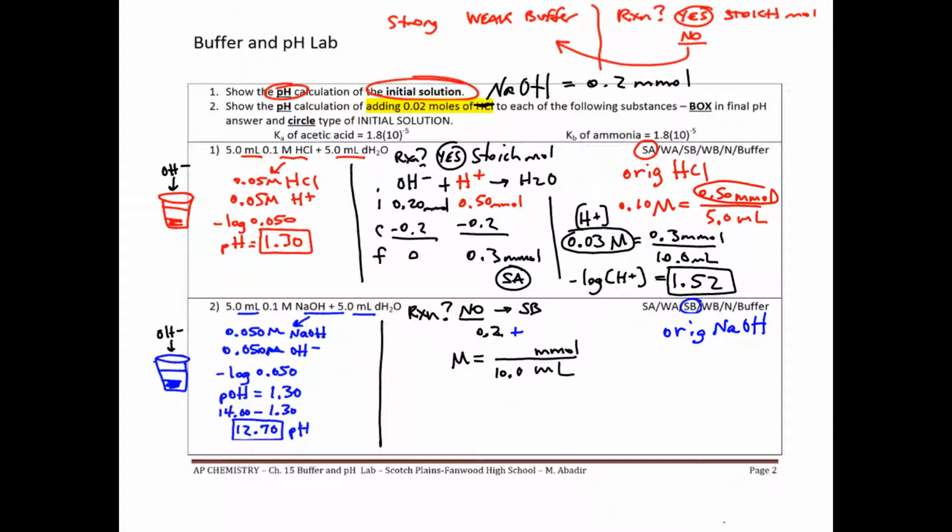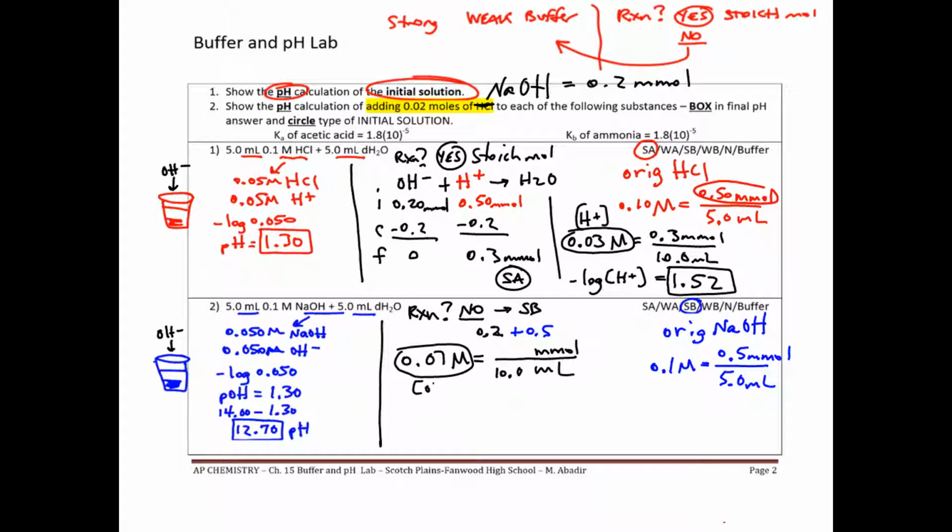I had a 0.1 molar, and I had 5 milliliters of it. So that's going to give me 0.5 millimoles. So I'm going to add that 0.5 millimoles to the 0.2. That's going to give me 0.7 altogether. When I do the math, I'm going to get 0.07 molar.